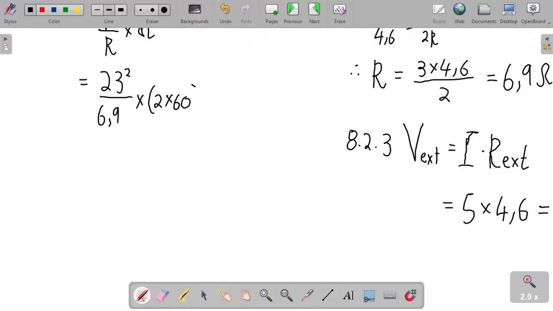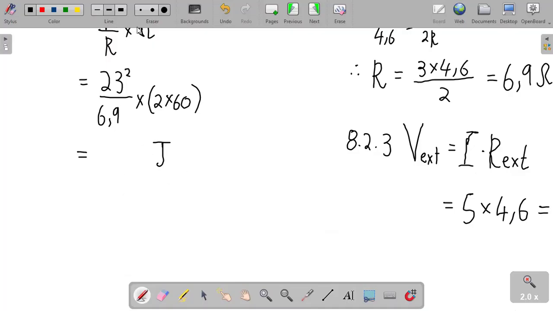So we convert the minutes into seconds. And then you use your calculator here, and your answer is going to be in joules. The unit for energy is joules.